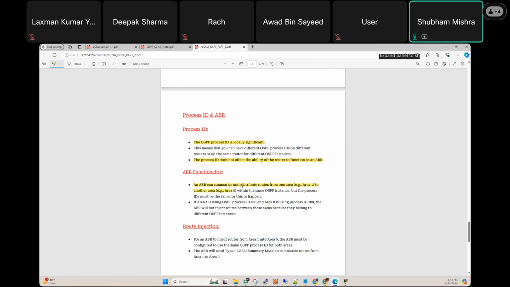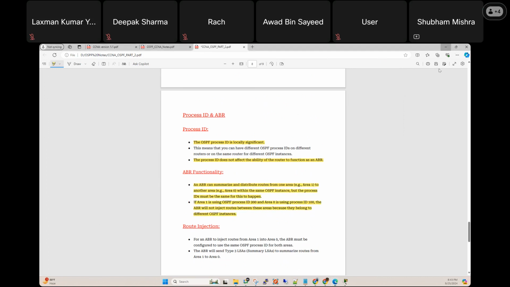An ABR can summarize and distribute routes from one area to another area within the same OSPF instance. It means if area 1 is using process ID 200 and area 0 is using process ID 100, the ABR will never inject the route. That is the rule.